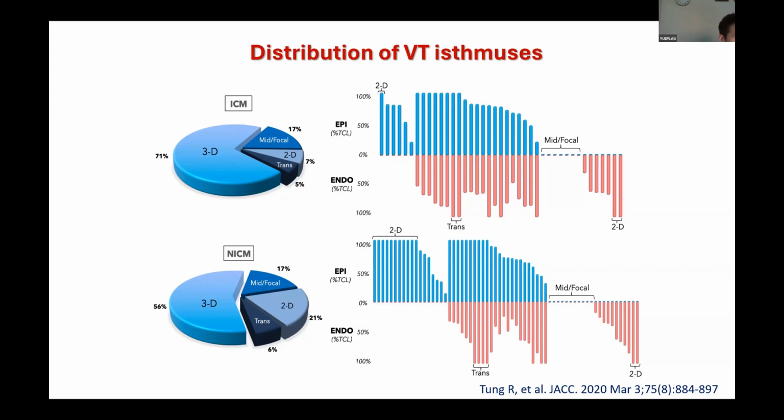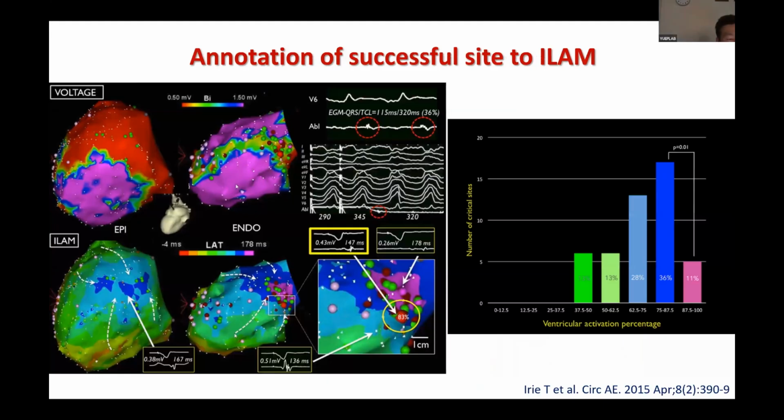It's quite similar for ischemic and non-ischemic; in this article we separated ARVC into another category, published in our region a long time ago. You could also appreciate that even when we try to do entrainment for the majority of circuits, in both ischemia and non-ischemia, about 70% are only a focal breakout from both sides, which means the majority are intramural circuits that we cannot identify.